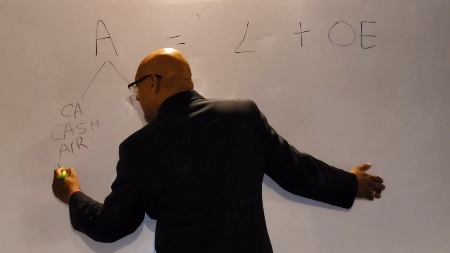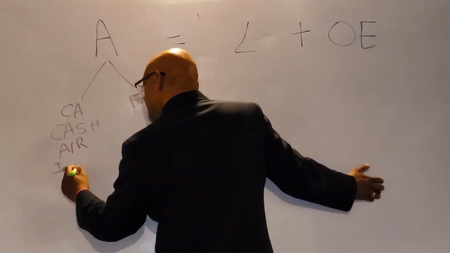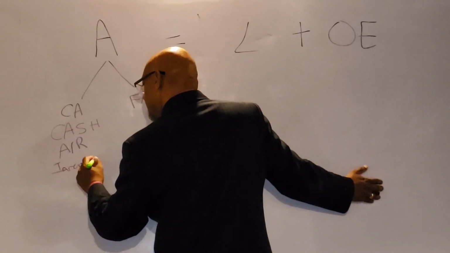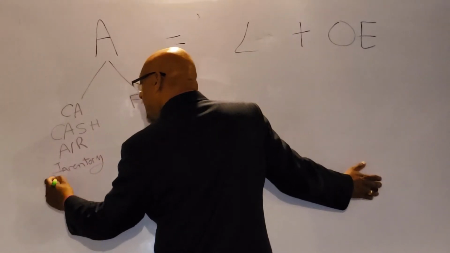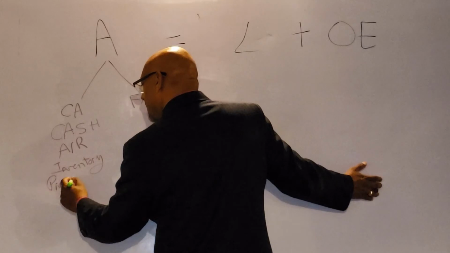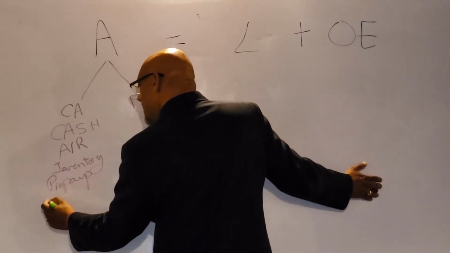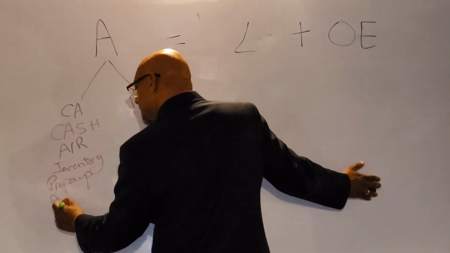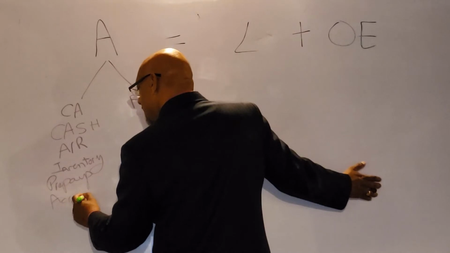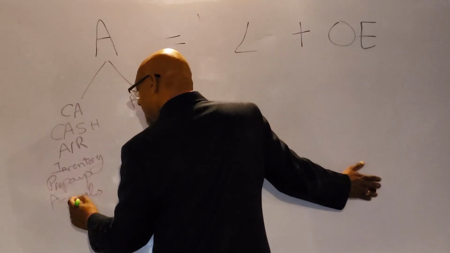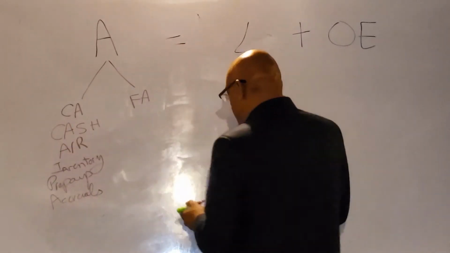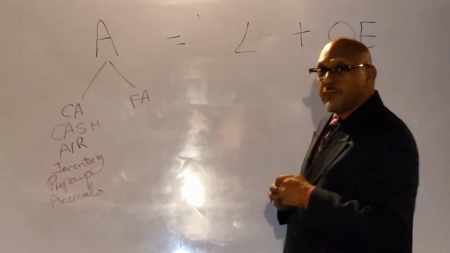Then we have inventory. We have prepay. And we have accruals. Cash, you already know. Remember, it's king.